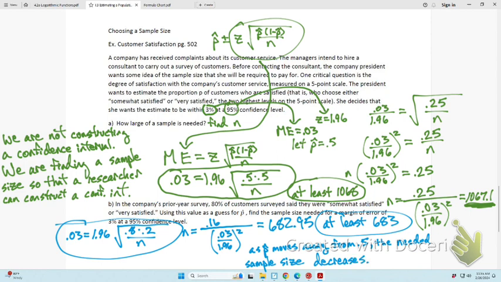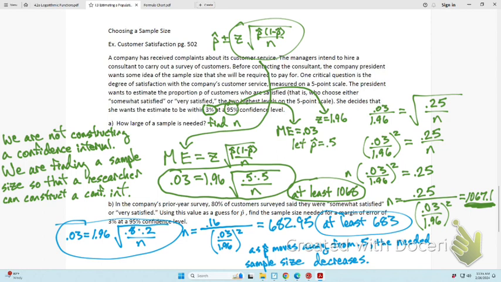Look at the two answers. 1068 down to 683. P moved away from 0.5 on part B, moved to 0.8. Notice if p hat had been smaller, if it had, for example, been 0.2, the same thing would have happened. N decreases. The needed N decreases.